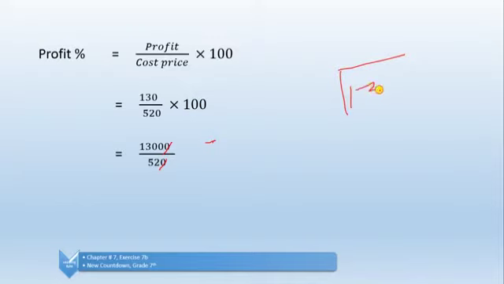1300 by 52, like this. 2 times 52 equals 104.